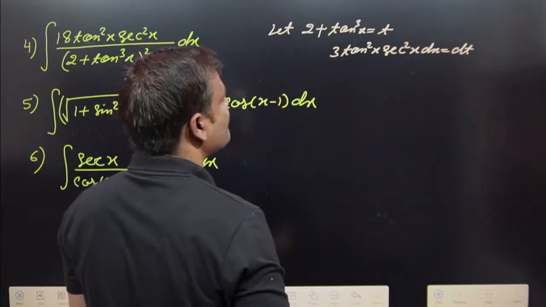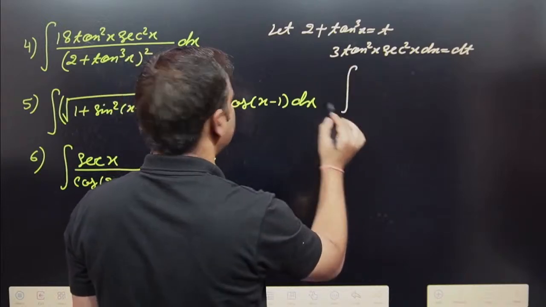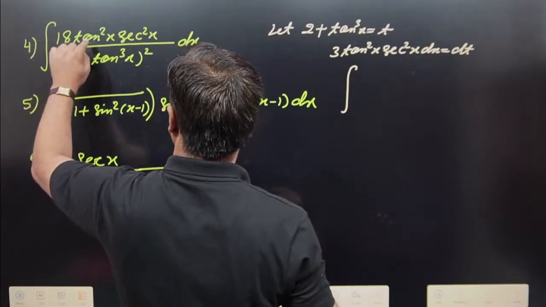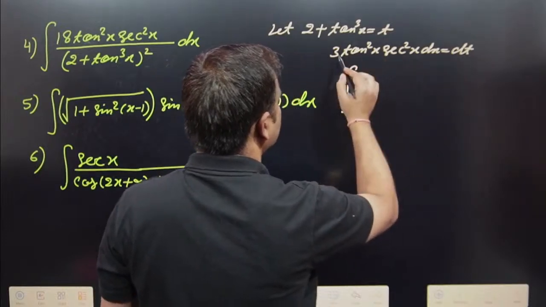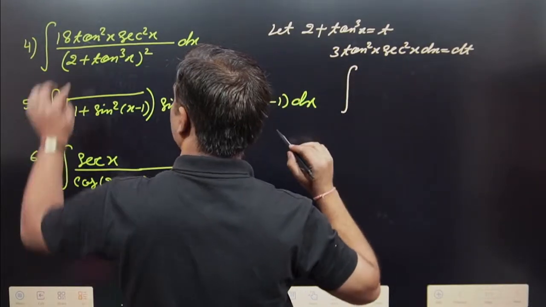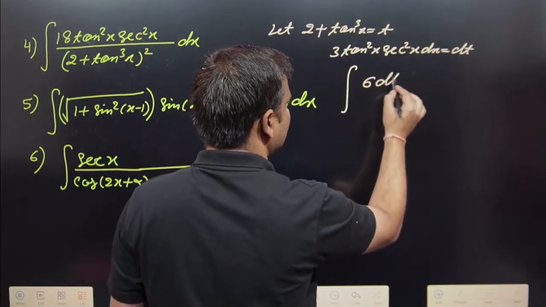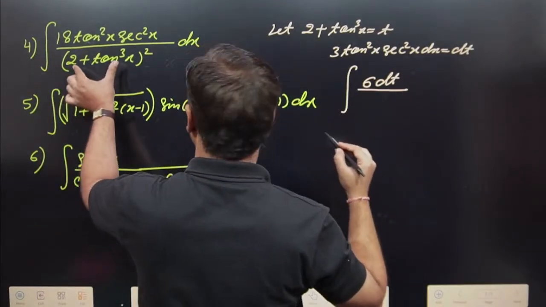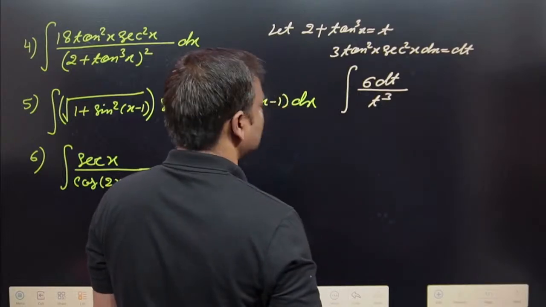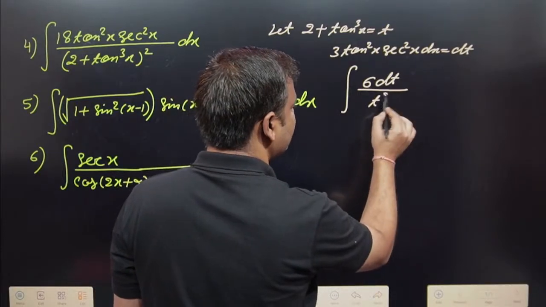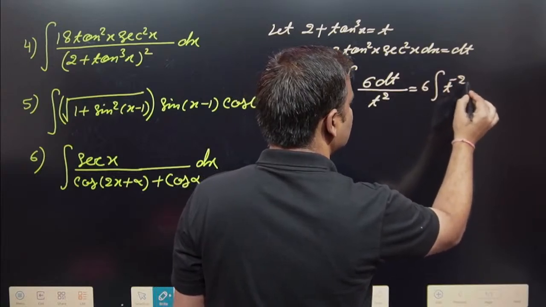Okay, now put that value here. Tan square x into sec square x, 3 into that, so you can say 6 dt divided by t square. So 6 into t to power minus 2 dt.